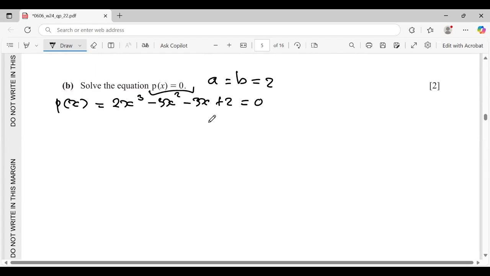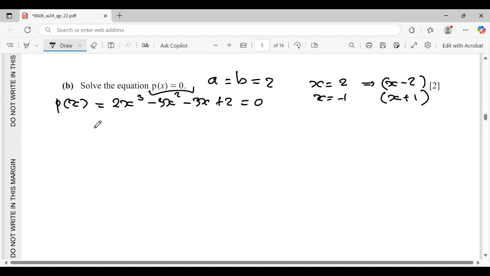And from part A, we also have information that the roots of p(x) are x equals 2, it means the factor is x minus 2, and x equals minus 1, it means the factor is x plus 1.